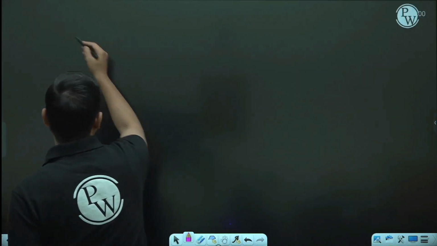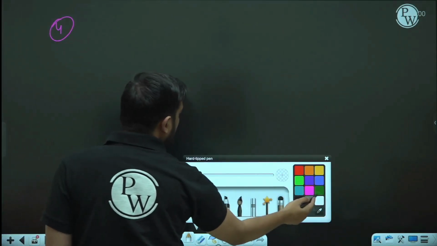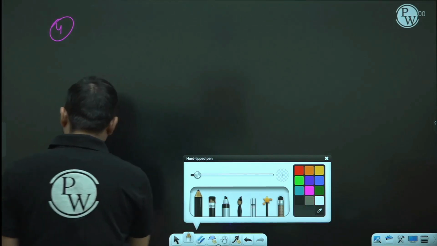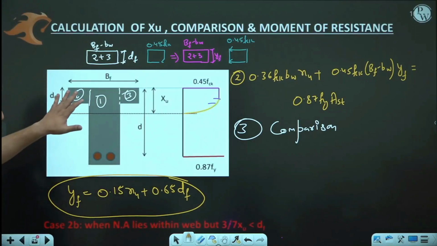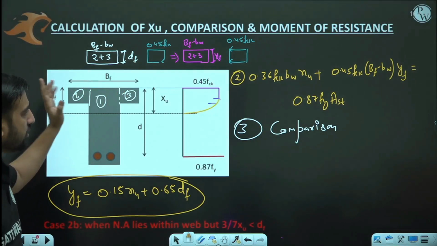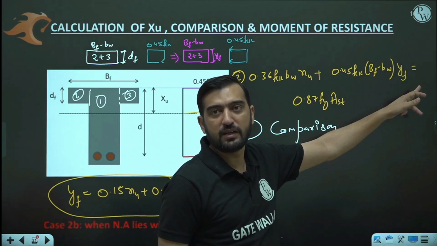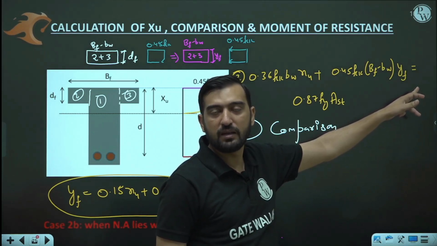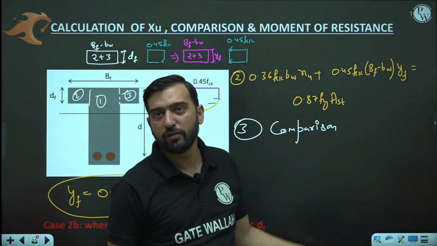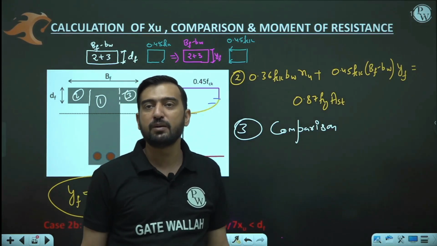Finally we are going to calculate moment of resistance. And how we are going to calculate moment of resistance? My dear friend, just simply see here, nothing has changed here with respect to the previous case. The difference only comes in terms of YF instead of DF. Earlier we were taking DF as a reference. Earlier the remaining portion force is 0.45 FCK BF minus BW into DF. Now it is 0.45 FCK BF minus BW into YF.